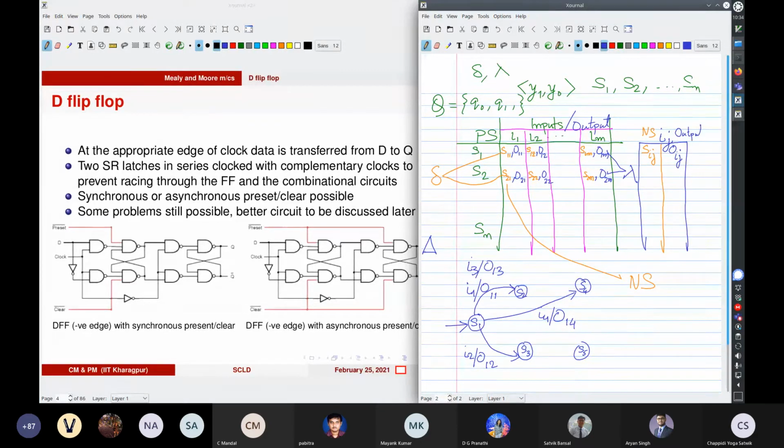This is the table which indicates both your transition function, or you can say the next state function, and the output function.